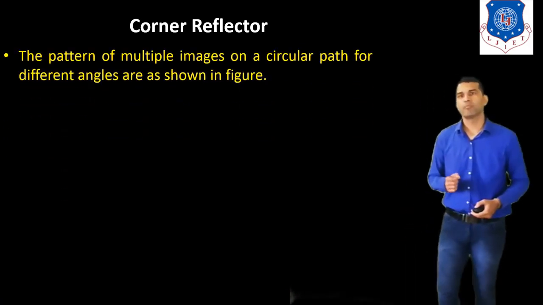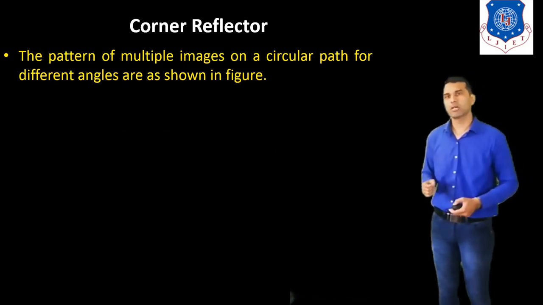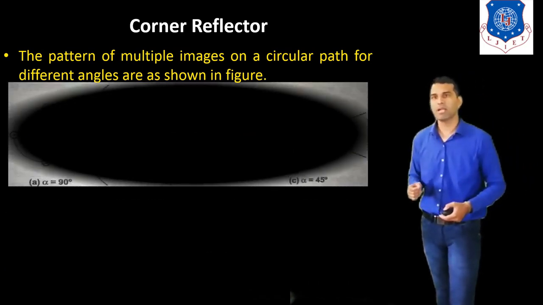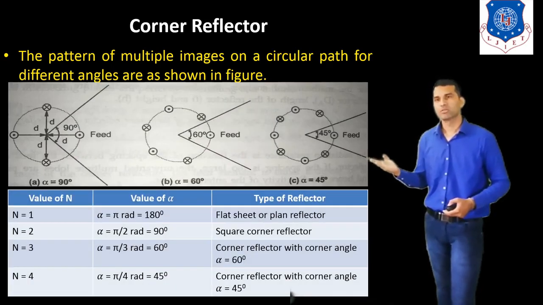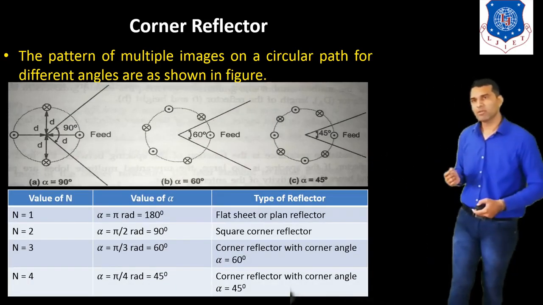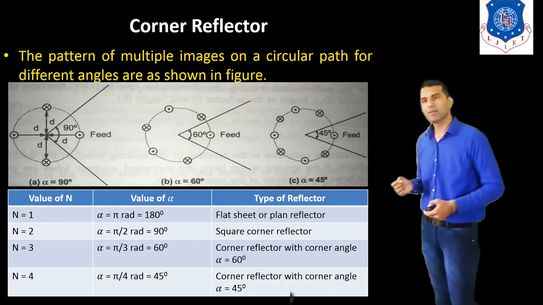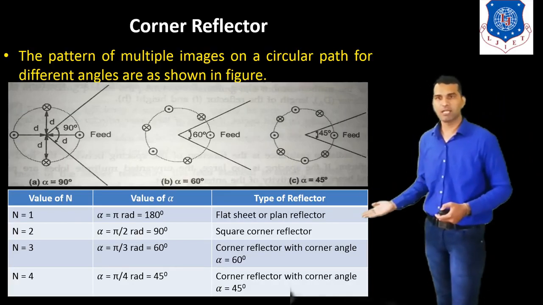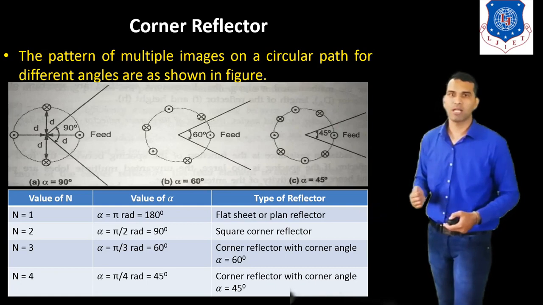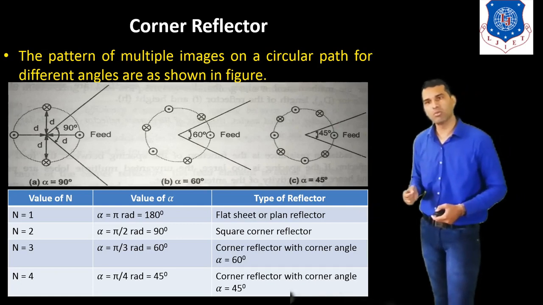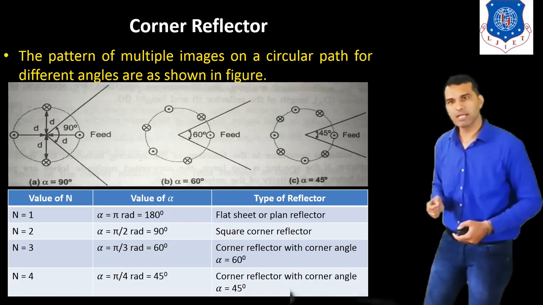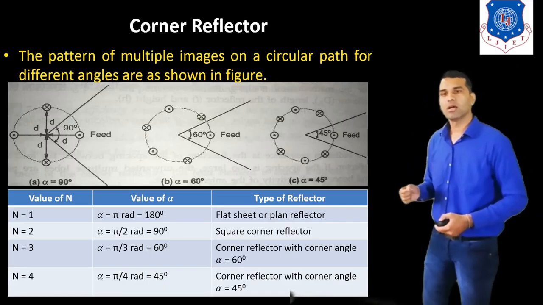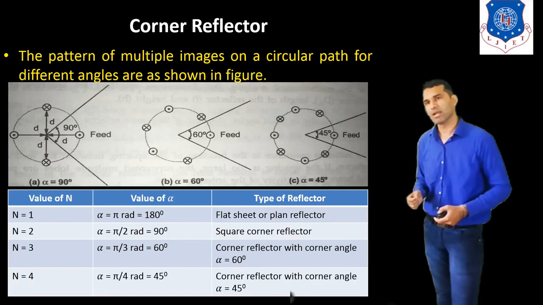The pattern of multiple images on the circular path for different angles is shown in the figure. Here, for different values of n and alpha, we get different types of reflector. When n equals 1 and alpha equals pi, or 180 degrees, we get the flat sheet or plane reflector.